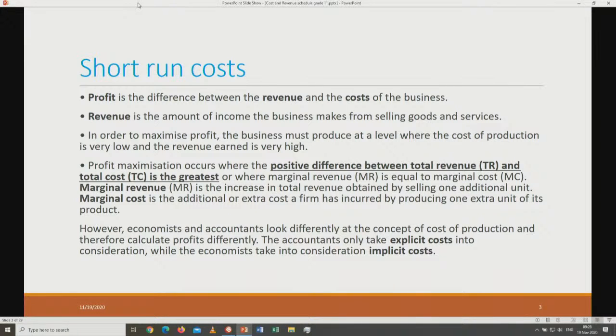Now, when we talk about the word profit, we cannot talk about it without considering the costs and the revenue. So when we have to explain what profit is, we say profit is the difference between the revenue that the business is making and the costs that the business is incurring.